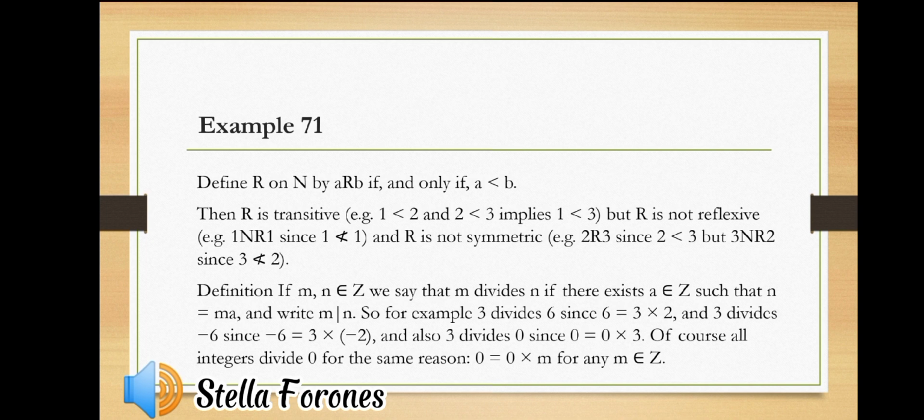We know that 3 divides 6, 3 divides negative 6, and 3 divides 0, because 3 times 2 equals 6, 3 times negative 2 equals negative 6, and 3 times 0 equals 0. So 2, negative 2 and 0 are our integers a, 3 is our m value, and 6 is our n value. Remember that our proof ended by showing that we multiply m by a to get n.